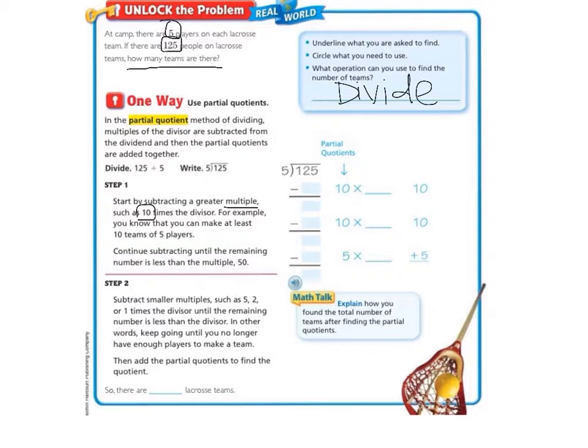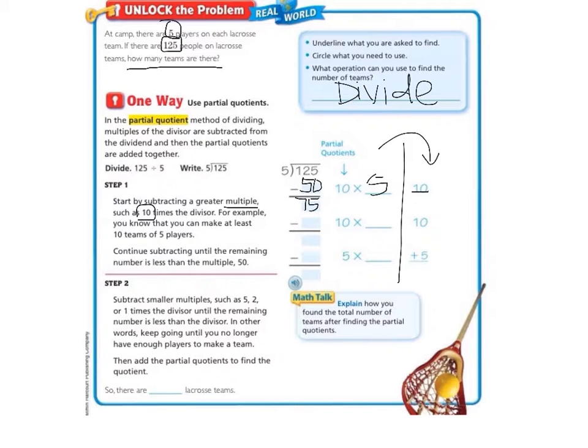So we're going to take out 10 groups at once, and each group has 5 in it, so 10 times 5 is 50. We write over here to the side that we use 10 groups, and over here we write 50, and then we're going to subtract. So 125 minus 50 is 75.